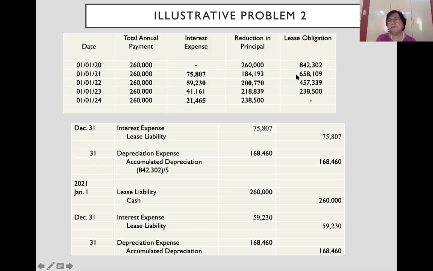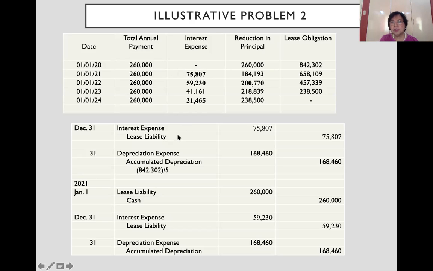Therefore, the principal at the end, after the second lease payment, is reduced to 658,109. Of course, if the reporting period of the lessee is the calendar year, this interest accrued is to be taken up not on January 1, but on December 31, 2020.